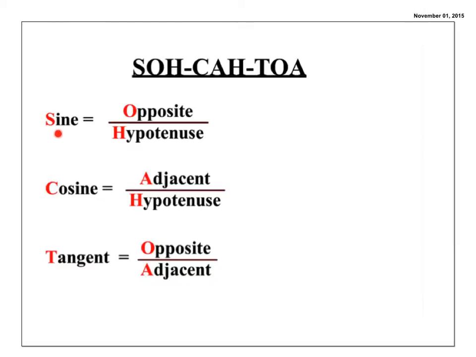If I am trying to find the sine of one of the angles, I am going to use opposite over hypotenuse, so that's where the SO part comes from. If I am asked to find cosine, I am going to use the adjacent and the hypotenuse. That's where the CAH part comes from. And if I am trying to find the tangent of an angle, I am going to use opposite and adjacent. So that's where the TOA part comes from.